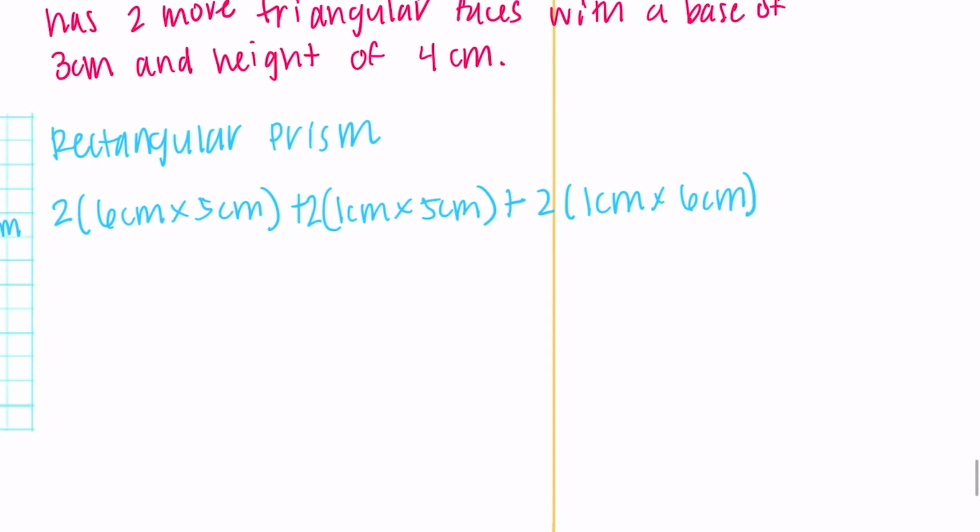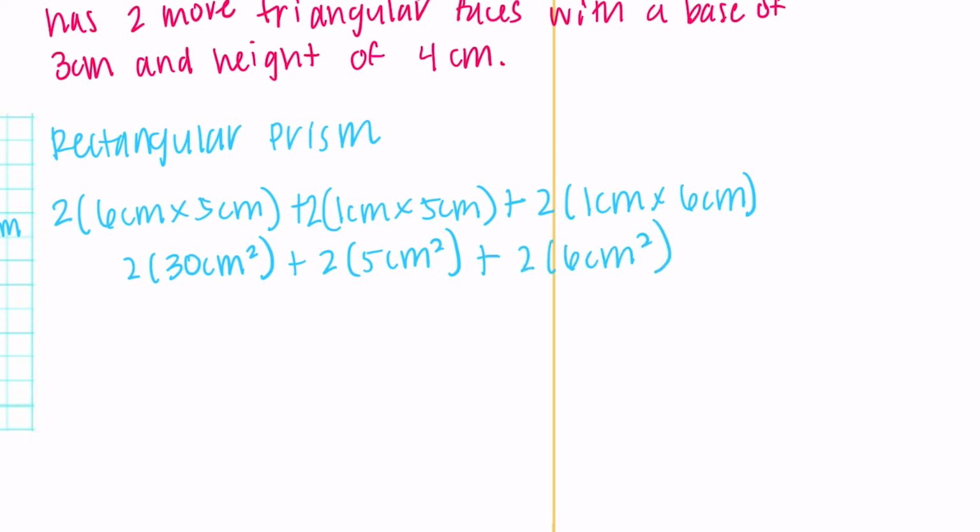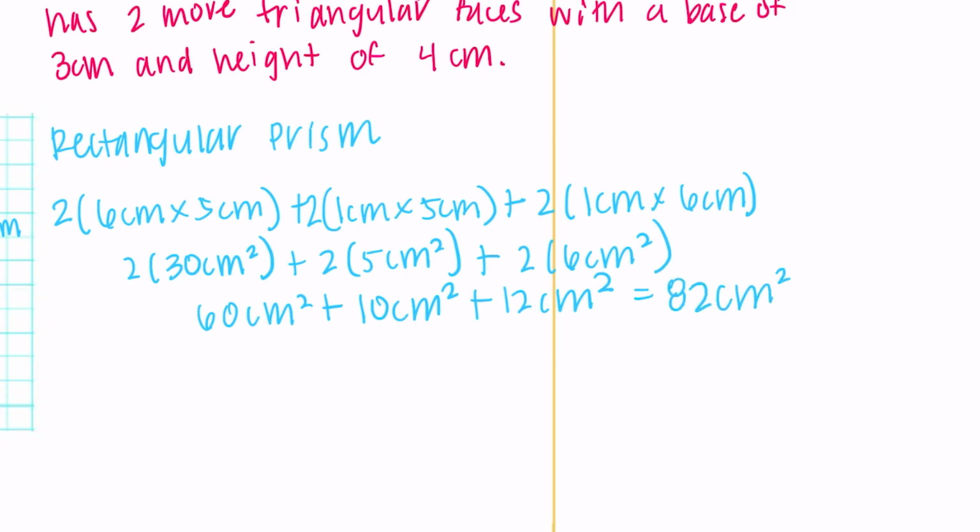So if I solve that out, 6 times 5 is 30 centimeters squared, plus 2 times 5 centimeters squared, plus 2 times 6 centimeters squared would be 60 centimeters squared, plus 10 centimeters squared, plus 12 centimeters squared. So 60 plus 10 is 70, plus 12 would be 82 centimeters squared for the surface area.